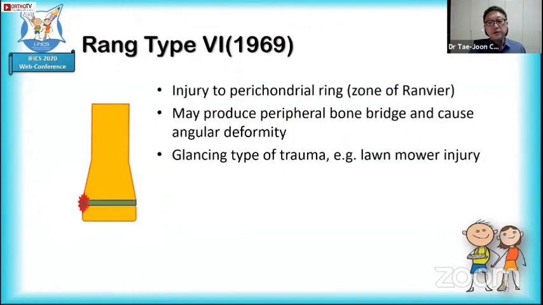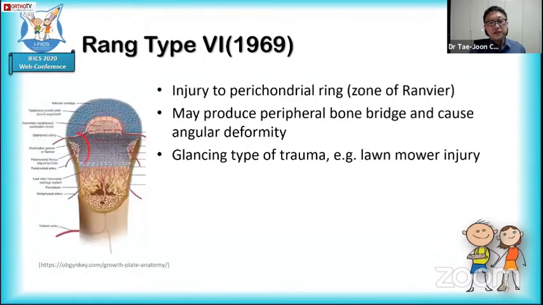Dr. Rang from Toronto Sick Kids Hospital described another type of physeal injury. It is a traumatic defect of the perichondrial ring or groove of Ranvier. This injury does not belong to any types of the Salter-Harris system and may produce a peripheral bone bridge and cause angular deformity.